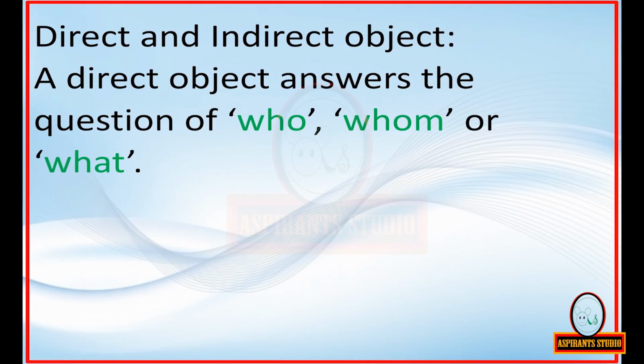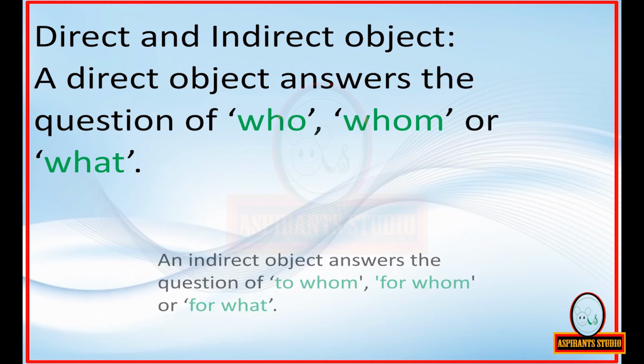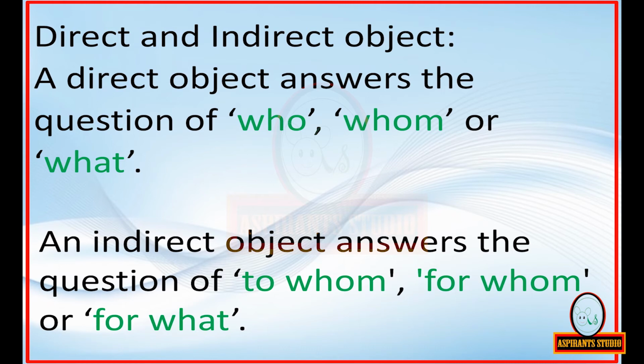Direct and indirect object. A direct object answers the question of who, whom or what. An indirect object answers the question of to whom, or for what.